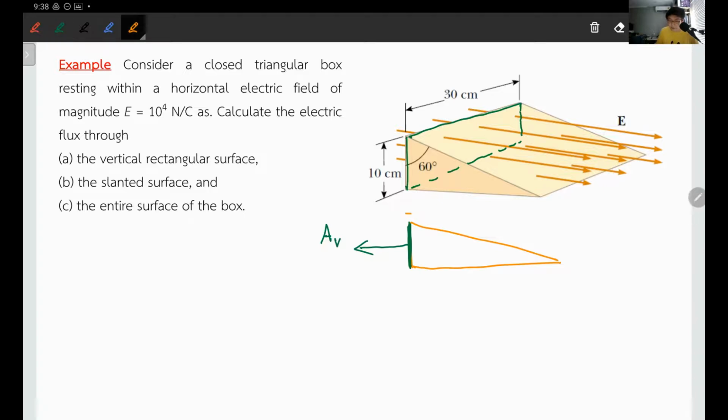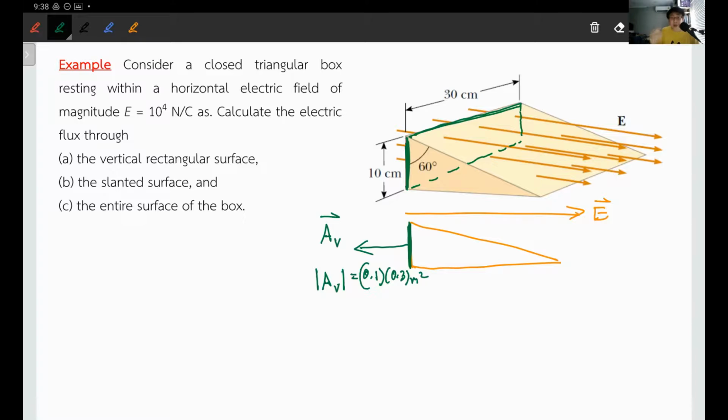However, the electric field is pointing horizontally. That's your E. The magnitude of this area vector is the height times the width, so it's 0.1 times 0.3 meters squared. You guys with me? The magnitude is just the size of the rectangle, but the direction is pointing to your left.